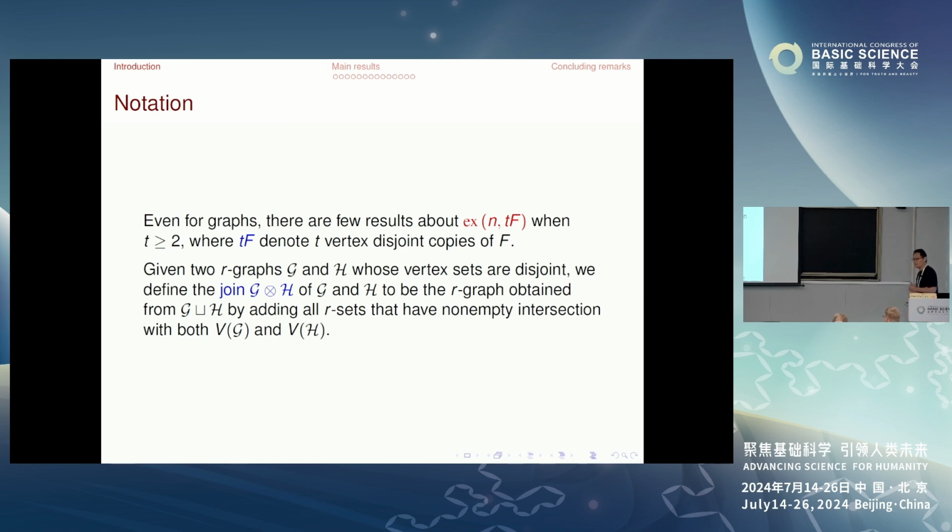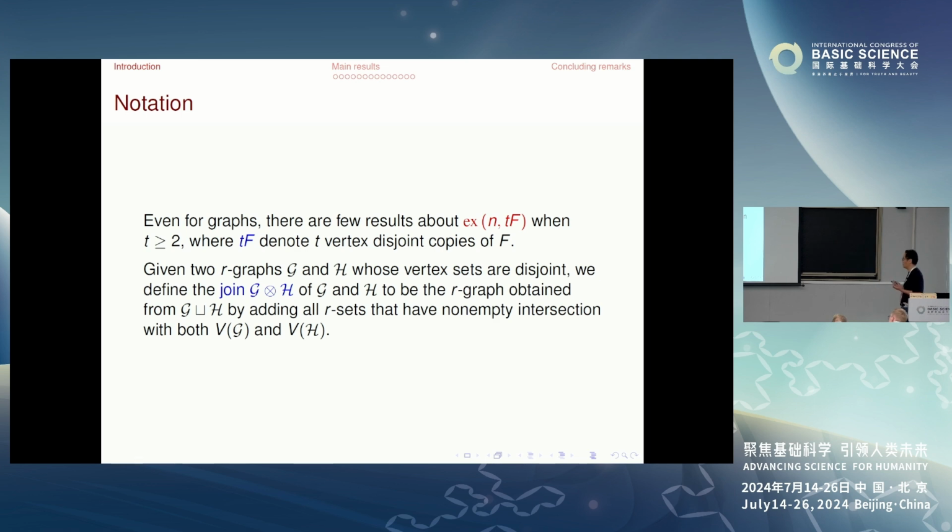Okay, before we list some results, we first give some definitions. We give two graphs, G and H. The vertex sets of G and H are disjoint. Now we define the join of G and H. We use this symbol to denote the join of G and H, which is another r-graph obtained from the union of G and H by adding all r-sets that have nonempty intersection with both V(G) and V(H).